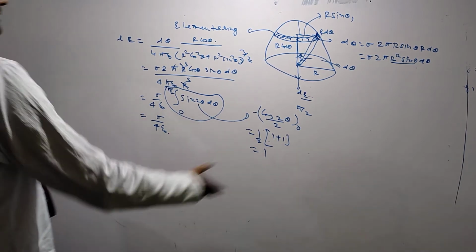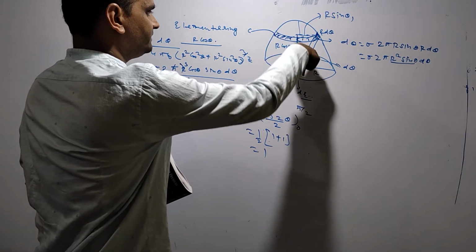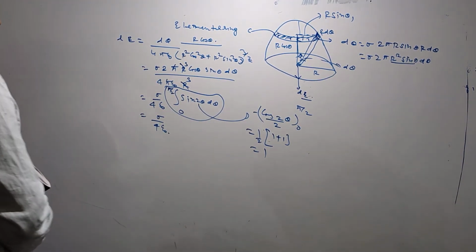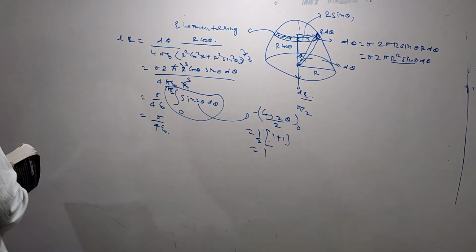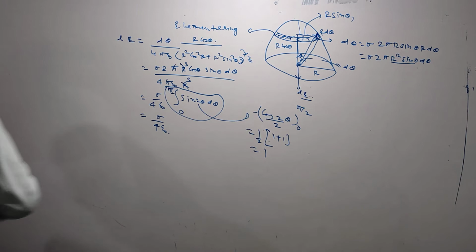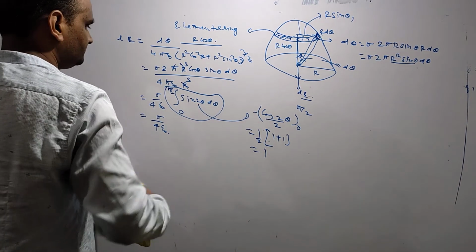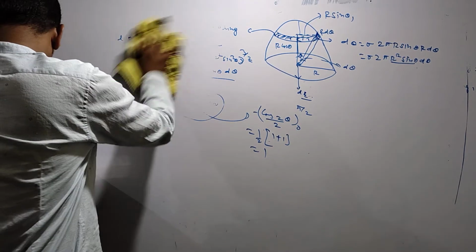So we can find the electric field in these directions passing through the center, that is equal to sigma by 4 epsilon naught. This is uniform, and this is a uniform, not varying exact value, not in expression of radius.